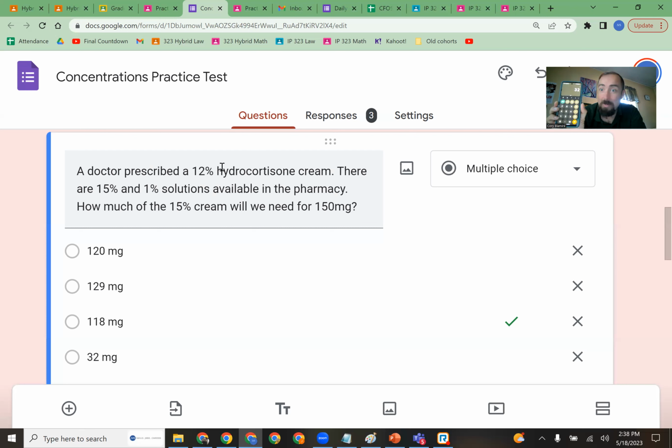And then exactly how many milligrams of drug does that give us? So 32 milligrams of the weaker cream, the lower strength, the 1%. So take that 1% expressed as a decimal, 0.01. So there's 0.32 milligrams of drug, of hydrocortisone, in 32 milligrams of the lower strength, the weaker 1% solution.